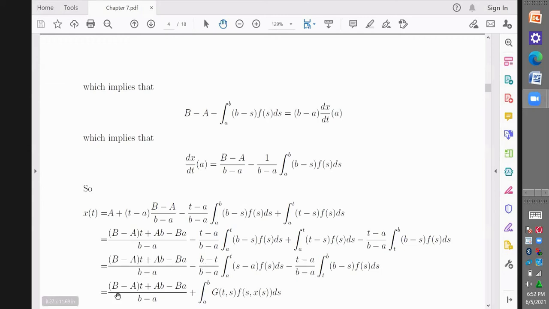So you can see this is (b minus a) into t plus ab minus ba over b minus a, and this can be expressed as the integral from a to b, this is just Green's function, g of t, s, f of s ds.